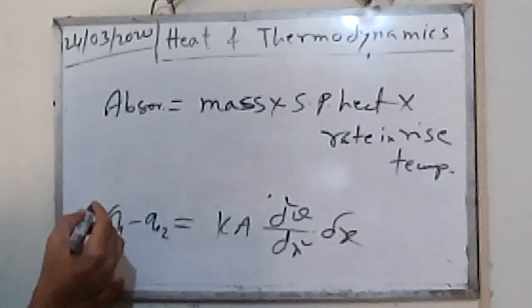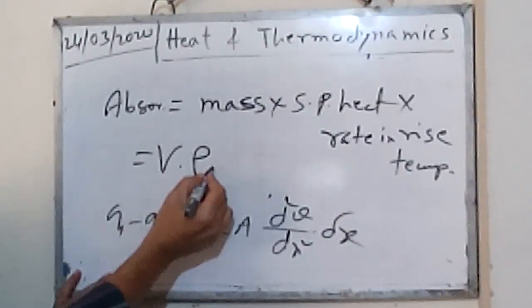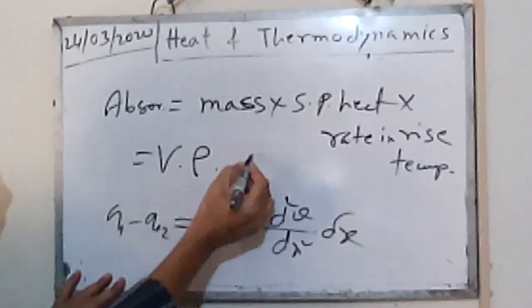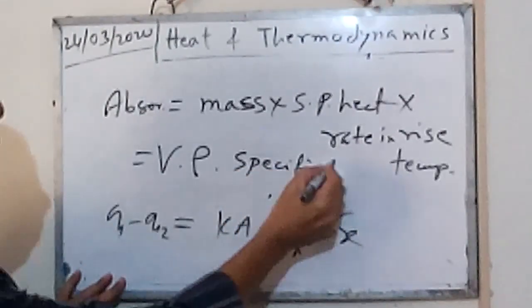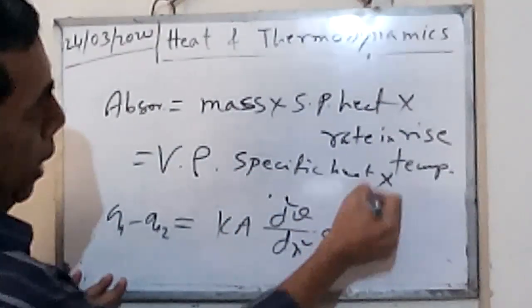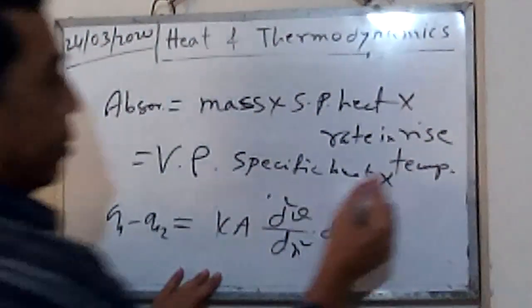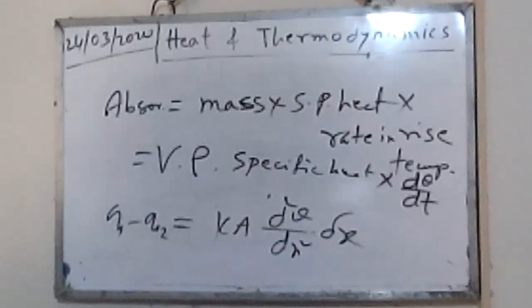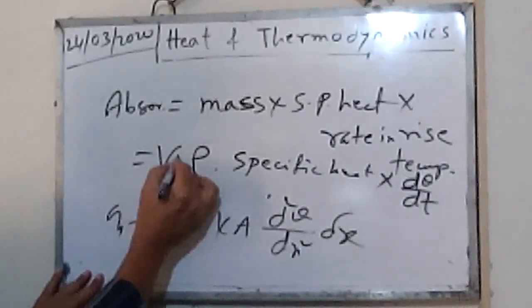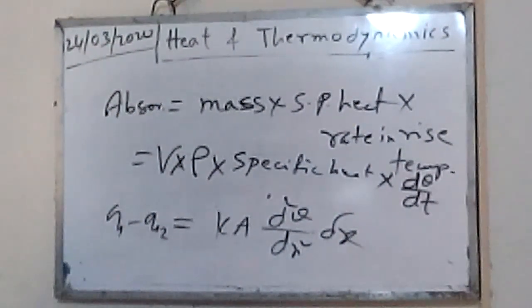Mass means volume into density, then specific heat, and the rate of rising temperature. The rate of rising temperature means d theta by dt. So: volume into density into specific heat into d theta by dt. d theta by dt means rate of rise in temperature, rate of change in temperature.